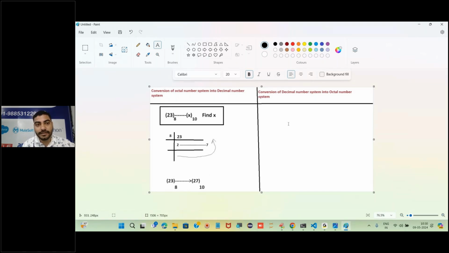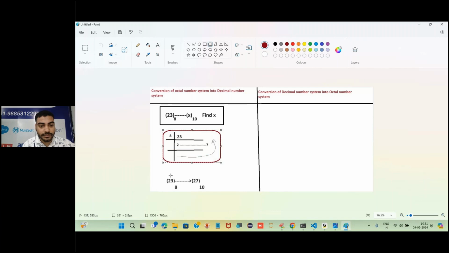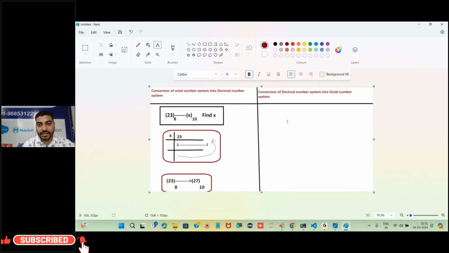What we have seen yesterday? Let me go for this. This is one, and this is the answer. Okay. Simple. Next is, what value we have and what we have to convert now? This is 20.